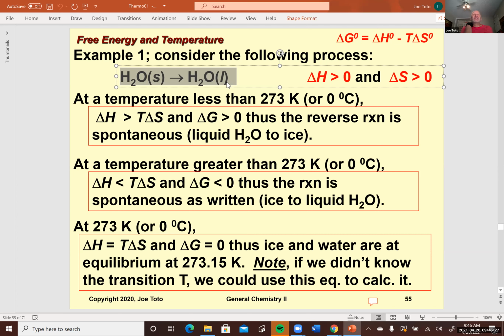So there's a delta H of vaporization for the transition from liquid to gas. This one is a solid to liquid. Does anybody remember what it's called? All right, it's delta H of fusion.